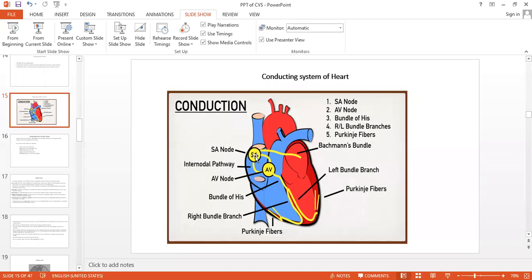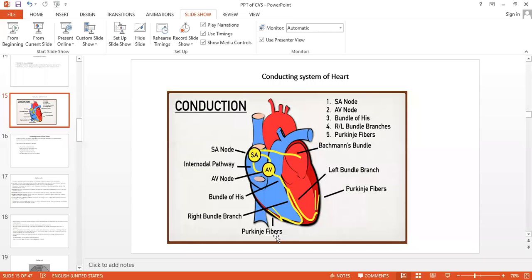When the SA node stimulates, the atria get contracted. When the atria contract, their contents drop into the respective ventricles, and when the ventricles contract, the content of the right ventricle is thrown into the pulmonary artery, and the left ventricle throws its content into the aorta.